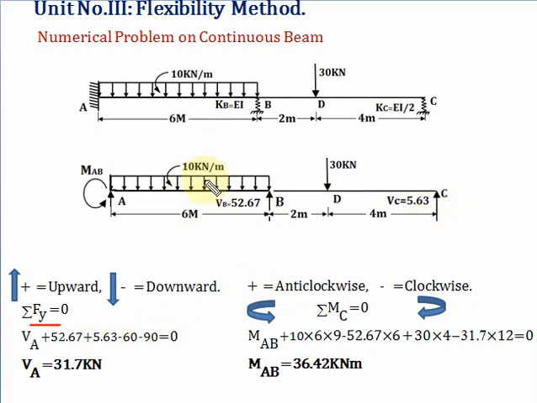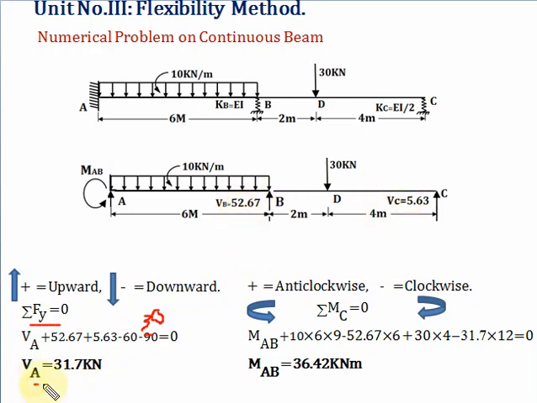Now the UDL is acting downward, so 10 into 6 is minus 60, and here it is not 90, here it is 30, so minus 30.